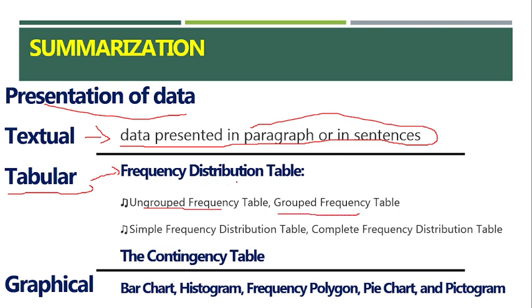And in your frequency distribution table, we have what we call the simple frequency distribution table and the complete frequency distribution table. Okay? So those are the things. With regards to the graphical, we have the bar chart, histogram, frequency polygon, pie chart, and pictogram. I would love to discuss this graphical, but our topic for this video is meant to discuss the frequency distribution table.